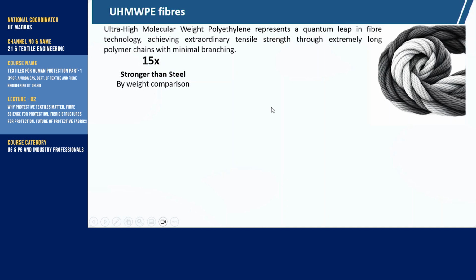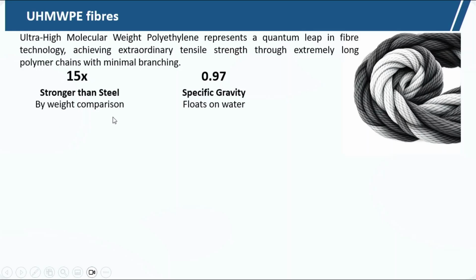So, for the same weight, it is 15 times stronger. We can imagine where we need lightweight, strong, flexible material, we should go for the ultra high molecular weight polyethylene, and its specific gravity is less than water, that means it floats on water, 0.97, and its melting point is not too high.